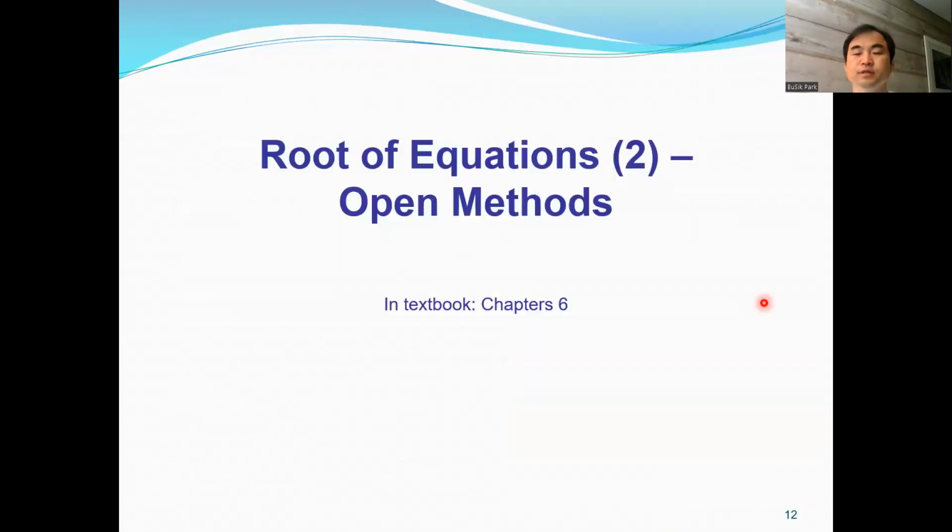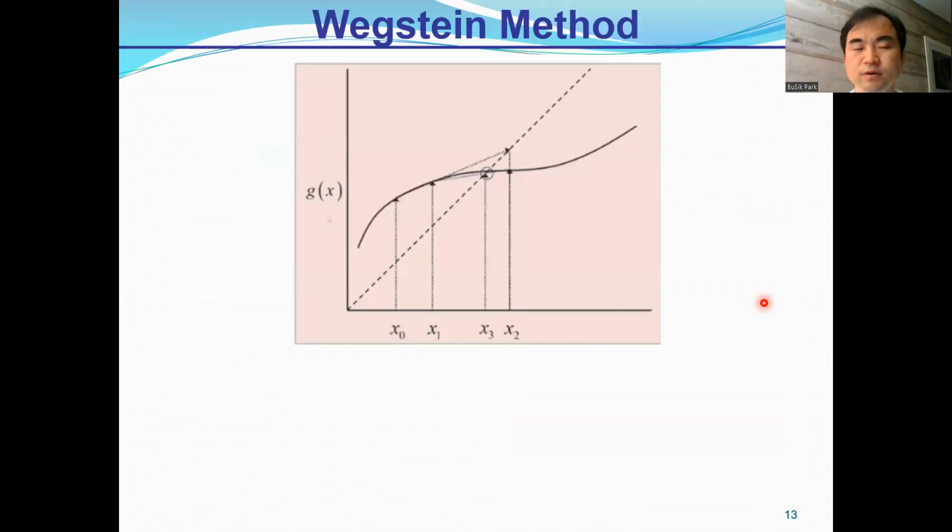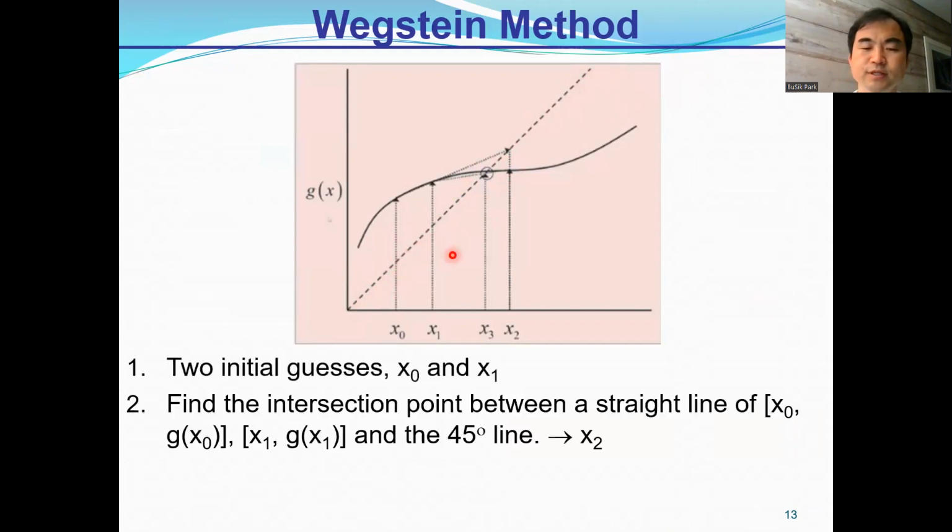So that's what we learned in the previous lecture, and chapter 6 is the open method. Before that, we learned the Wegstein method. This one is y equals ax. We can draw the y equals ax graph, and then calculate the next point using the 45-degree line.